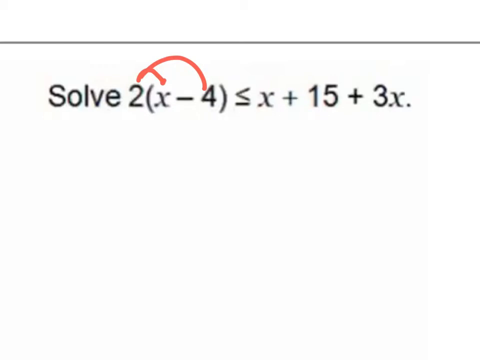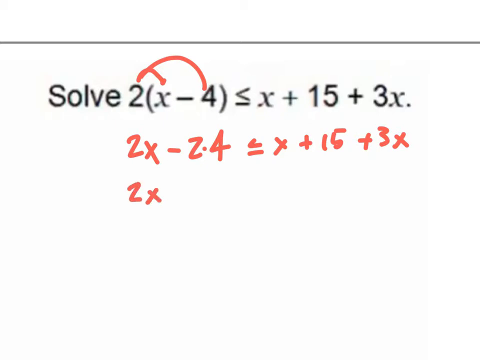So I get 2x minus 2 times 4, is less than or equal to x plus 15 plus 3x. So we get 2x, negative 2 times 4 gives me minus 8. This is less than or equal to. Now, I've got like terms here. I've got x and 3x. I'm going to combine those and get 4x plus 15.